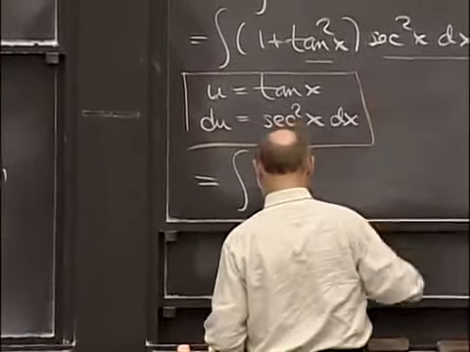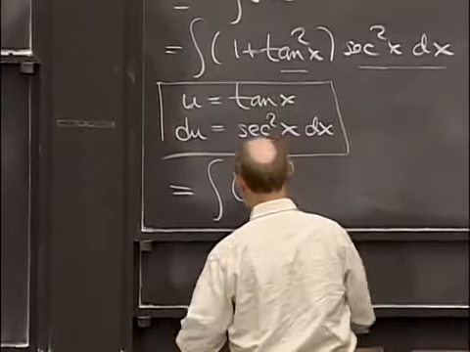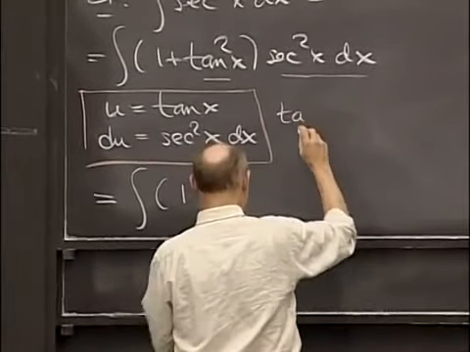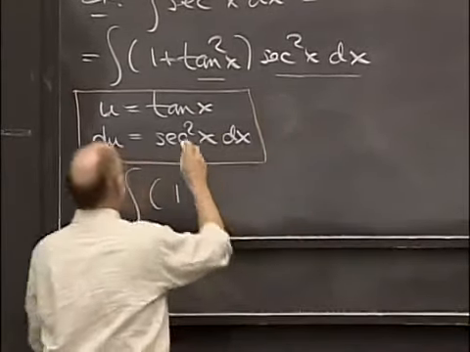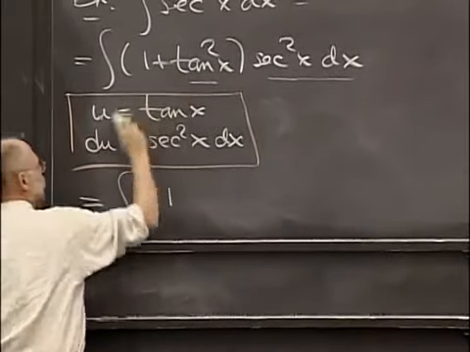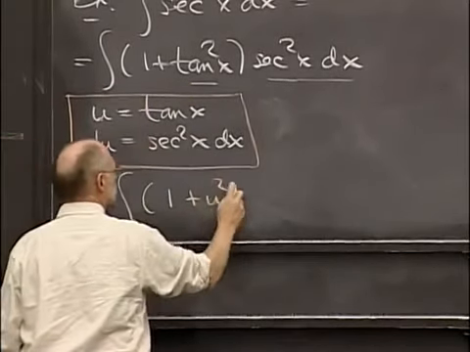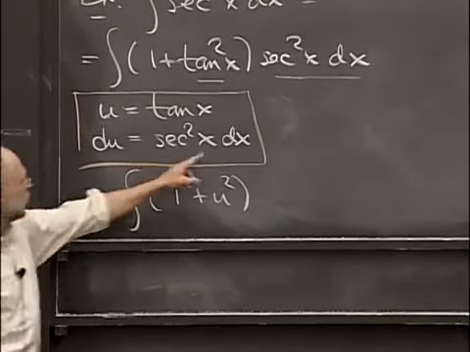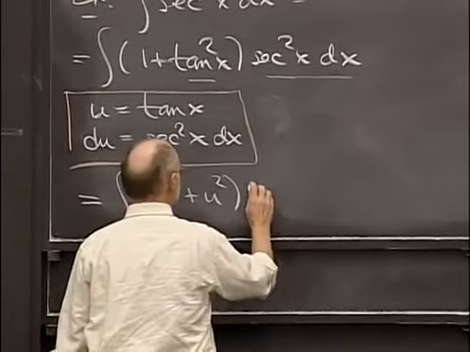Oh yeah, and I should add the other fact that, well, I guess it's obvious that tangent squared is u squared. So I get 1 plus u squared, and then du, the secant squared x dx, that is du.